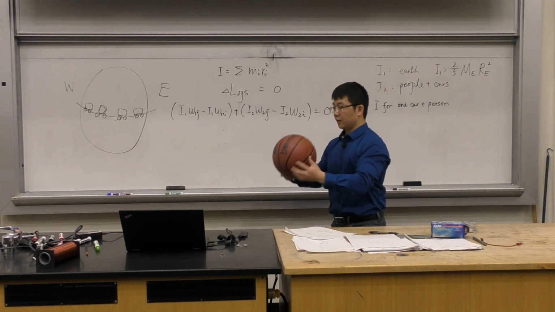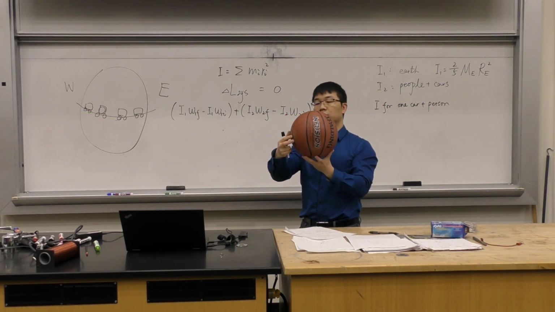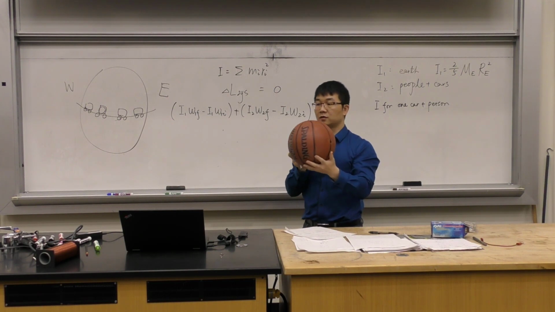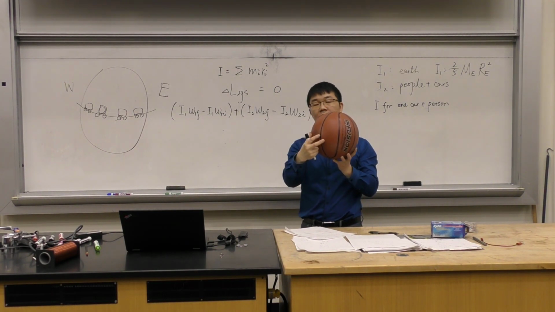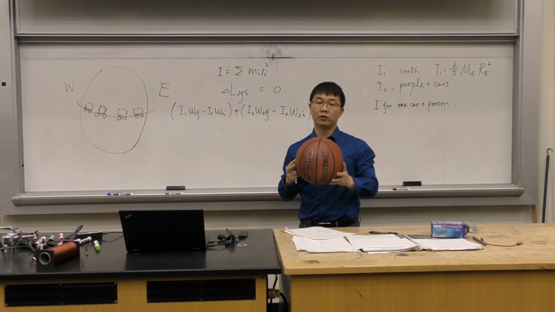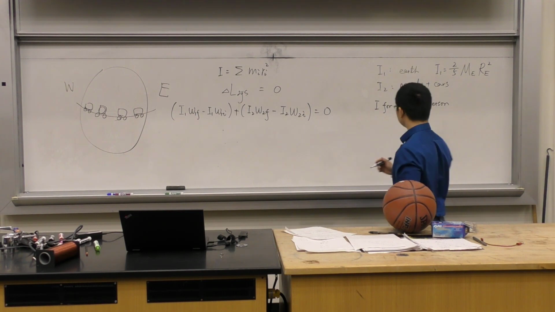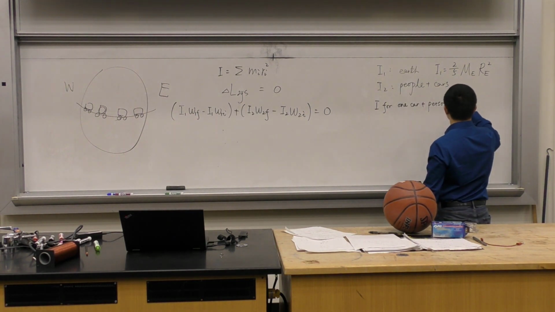If they are on the surface of the Earth, they are rotating with the Earth. So they are isolated point masses. How do I calculate the I for an isolated point mass? You just do m times r squared, right?